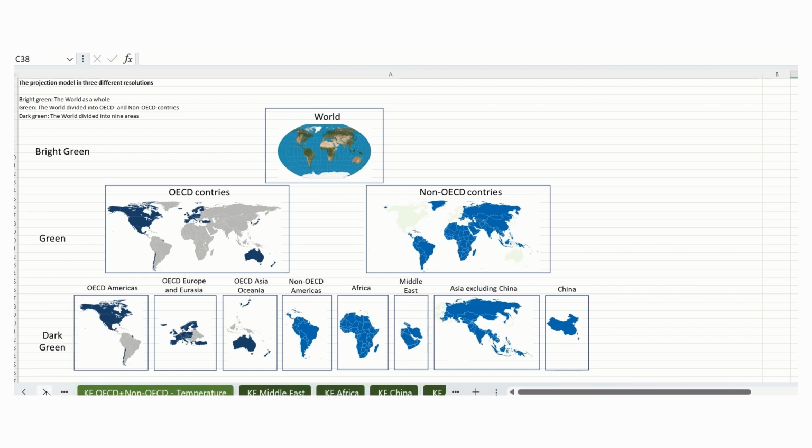And if you would calculate on the world divided in 9 areas, you choose the dark green. You fill in the key figures for the energy system in the KF tabs here. And you see the results in the temperature tabs here.